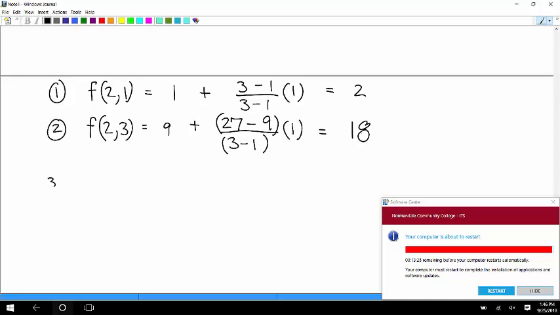And then the last step is we want to approximate the function at 2, 2.